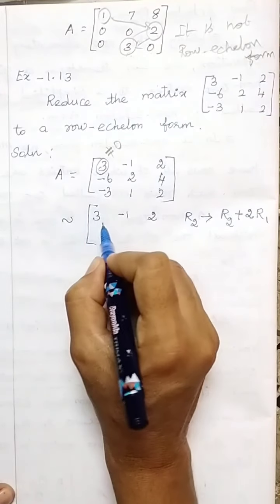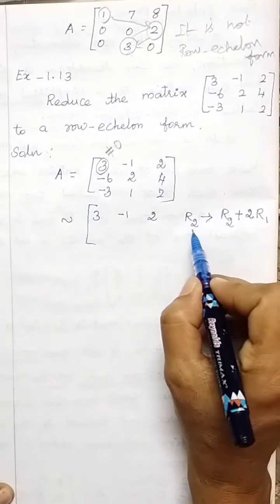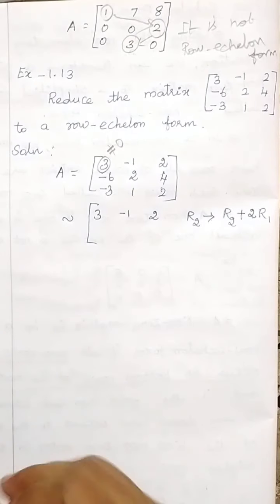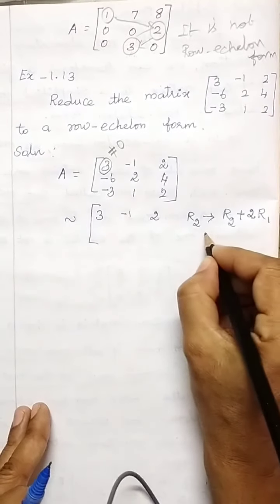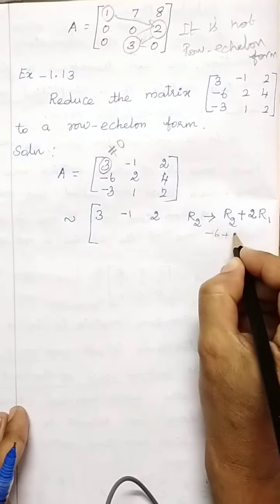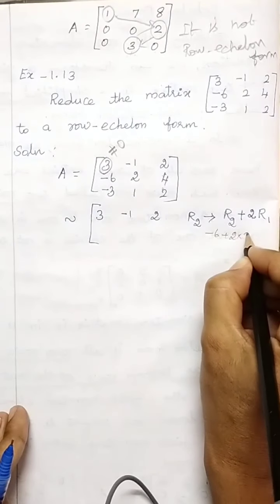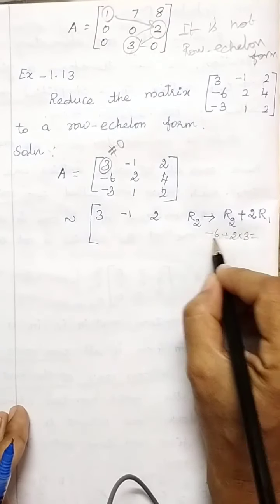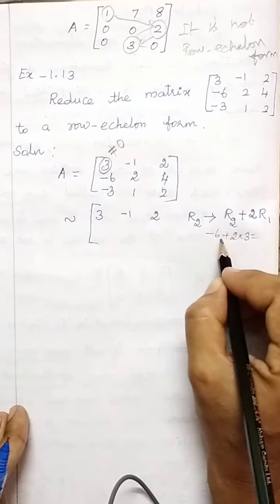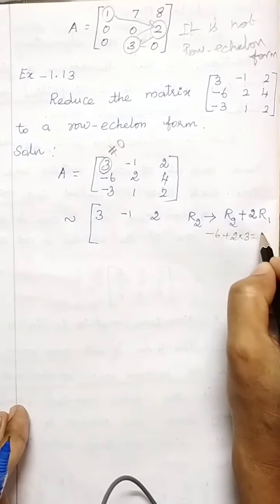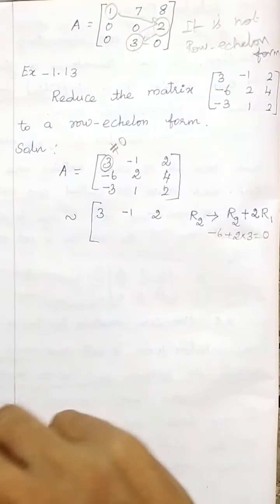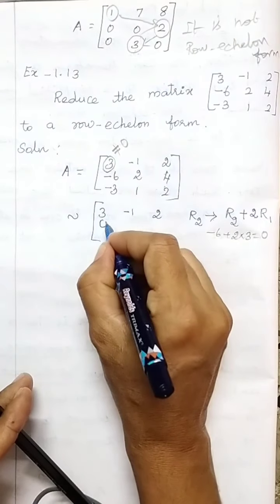So R2 value is minus 6. So minus 6 plus 2 into 3, that is equal to minus 6 plus 6 equal to 0. So this value equal to 0.